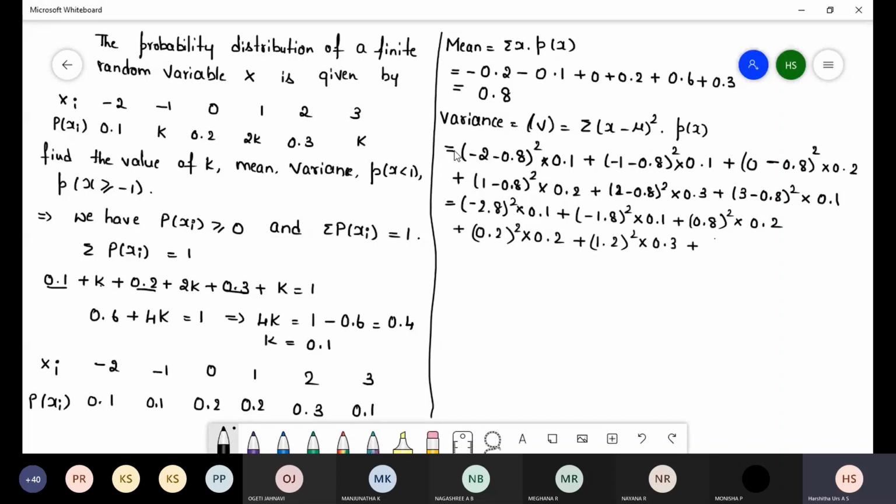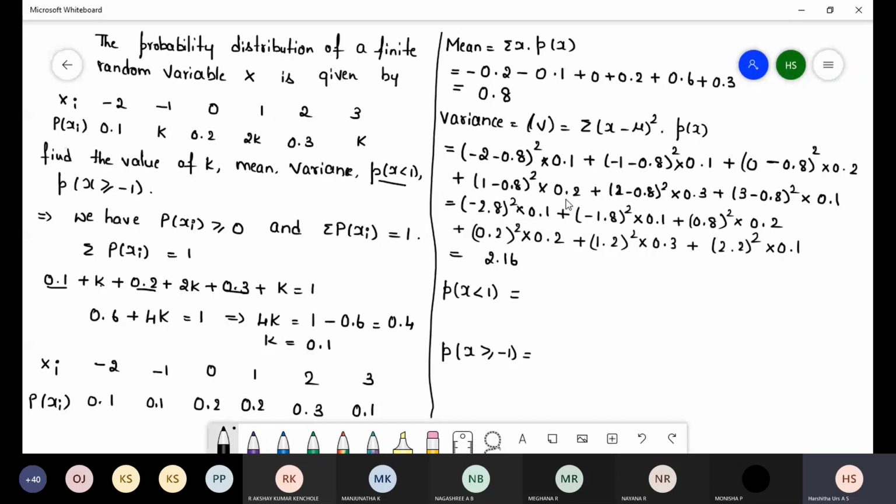Again here 2.2 whole square into 0.1. 2.16 is the answer.